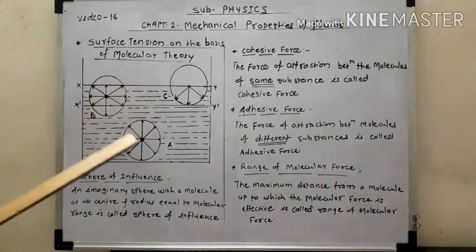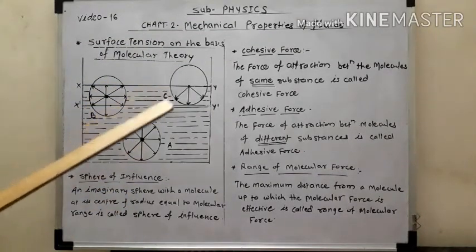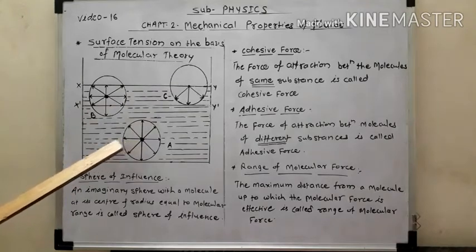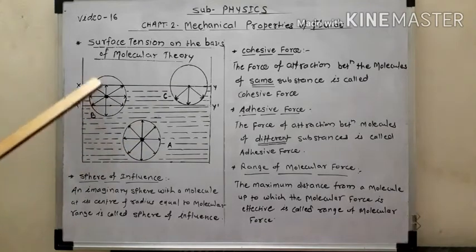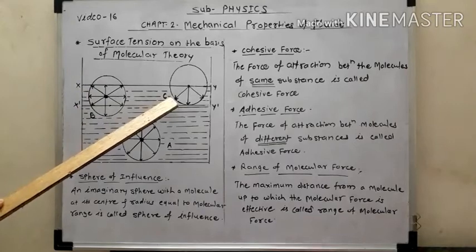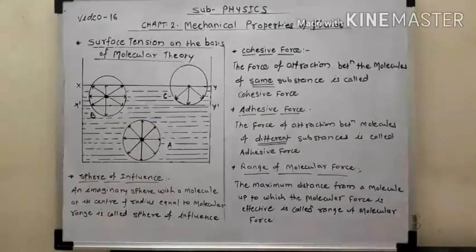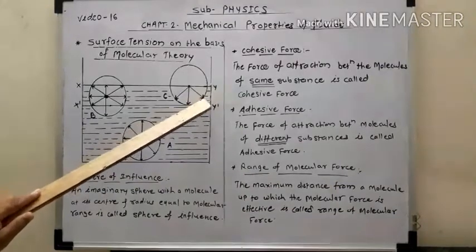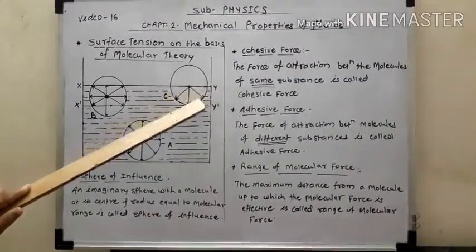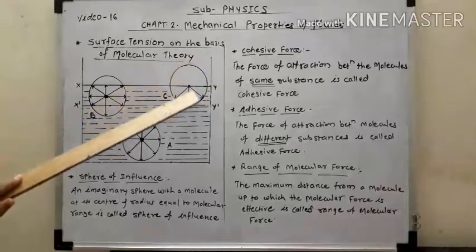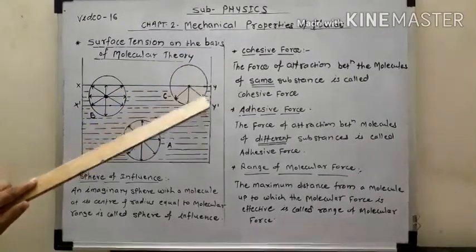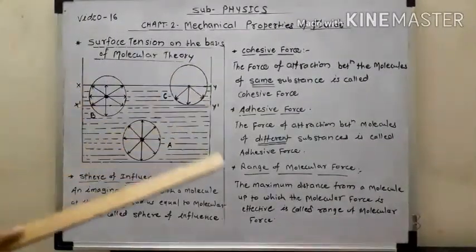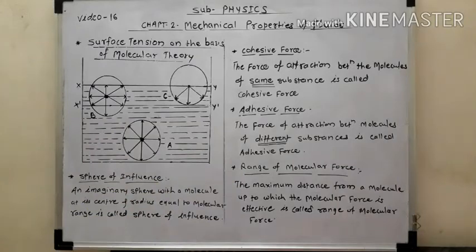These are the three spheres of influence A, B and C. And this is nothing but the range of molecular force, because this is the maximum distance up to which the molecular forces are effective, so this Y' X' is nothing but the range of molecular force.